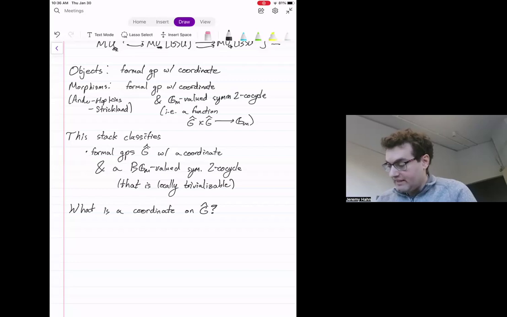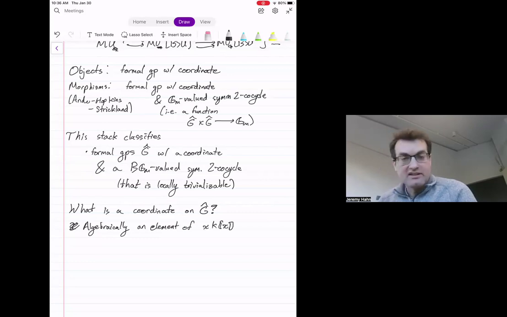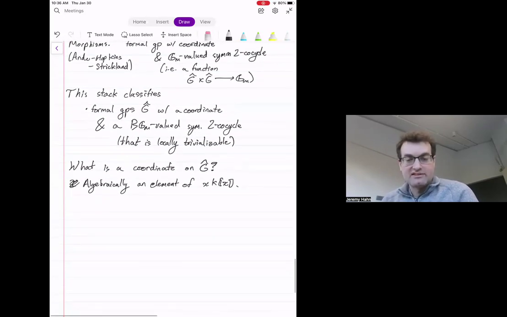So algebraically, it's something like an element of xk adjoin x, an identification of that module with the trivial k adjoin x module.